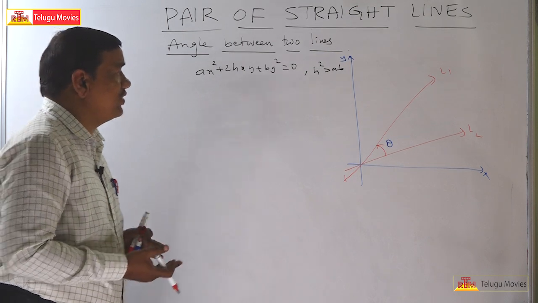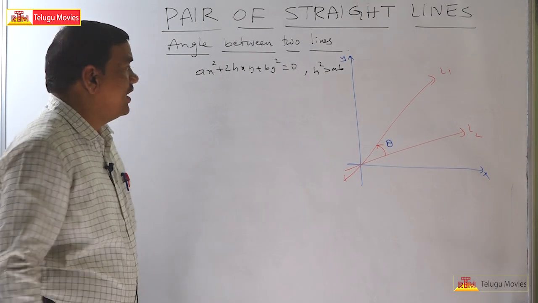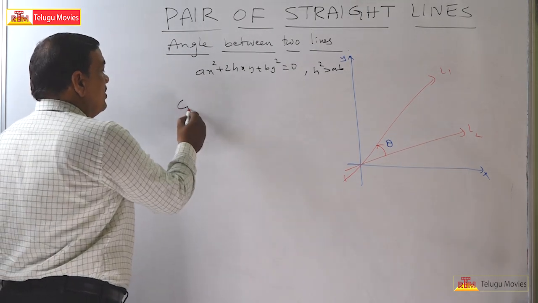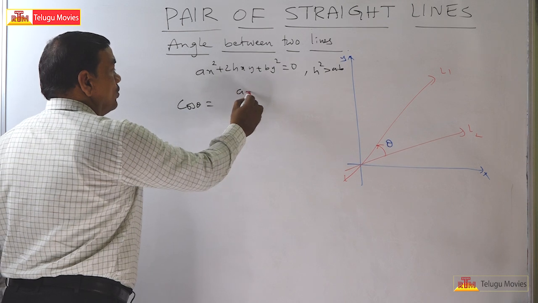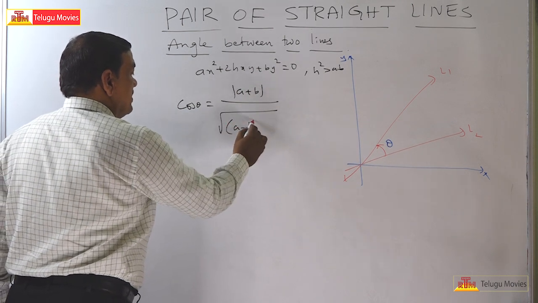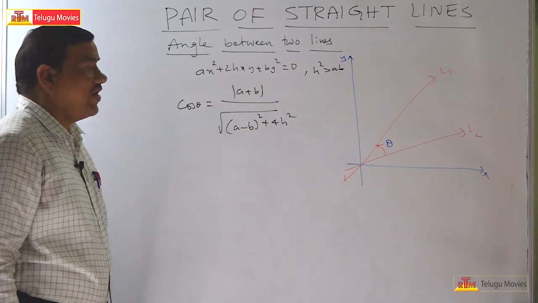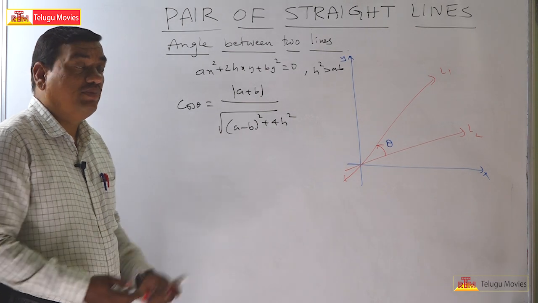Otherwise, if h square is equal to ab, those two lines will coincide and the angle will become 0. Now, if theta is the angle between them, then cos theta is equal to a plus b upon under square root of a minus b whole square plus 4h square. So this is the formula to find the angle between them.